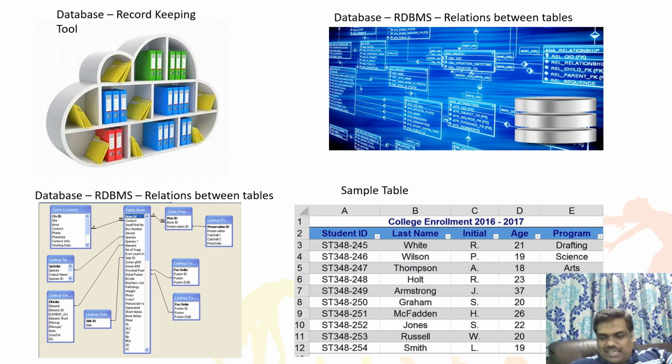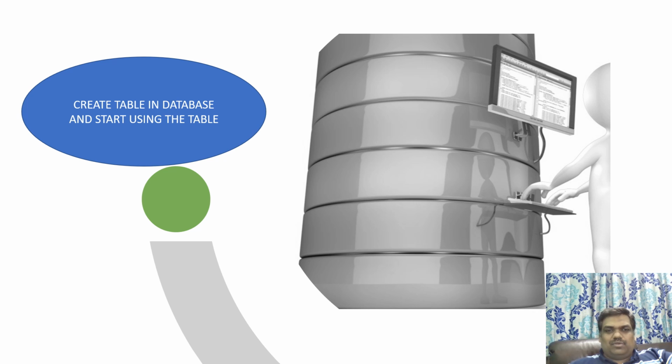Column is the common information like student ID or age. Row is the number of entities, number of persons in this class, number of persons in the other table, something like that. So this is the basic concept of database, with the relations, what we are talking about.